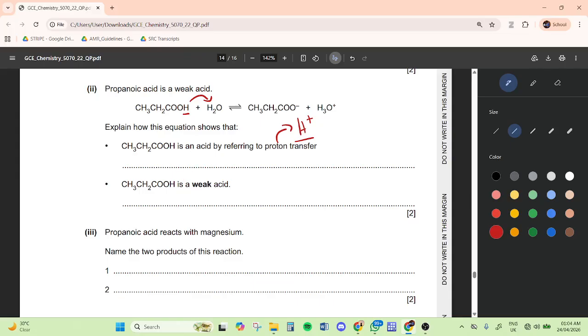So you're going to mention that a proton is transferred from acid to water. That's the first thing you're going to write. And as for weak acid, as always, weak acids do not fully dissociate.